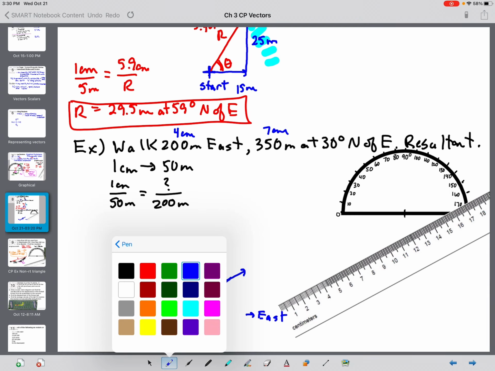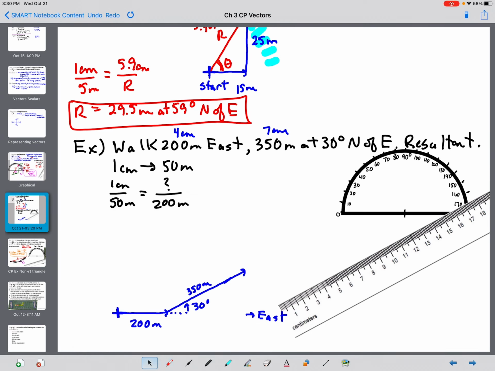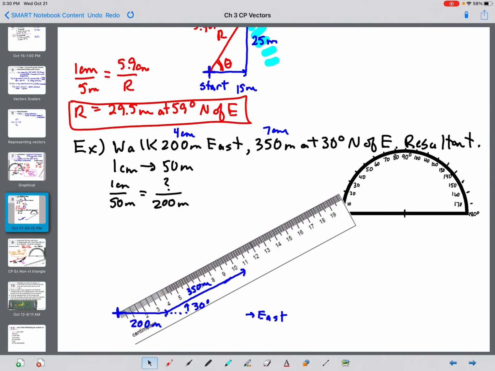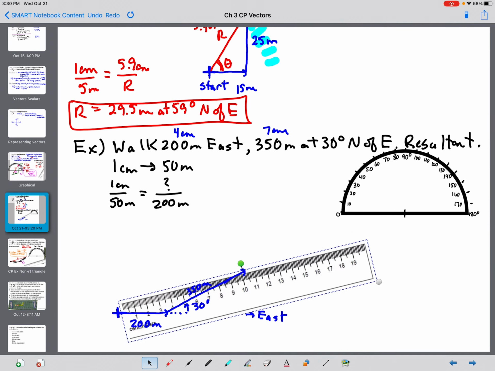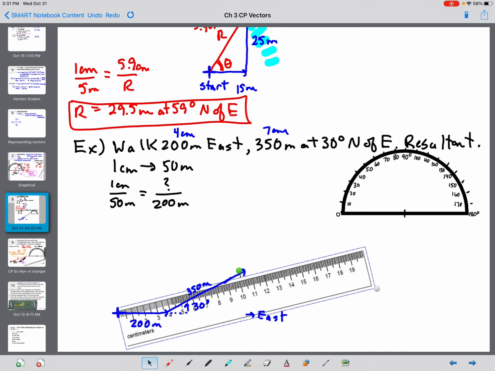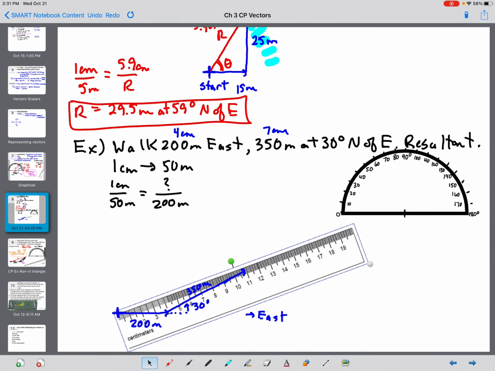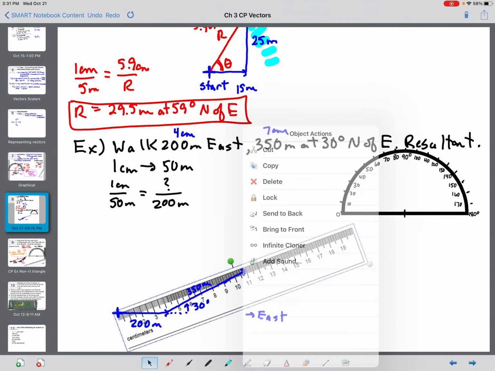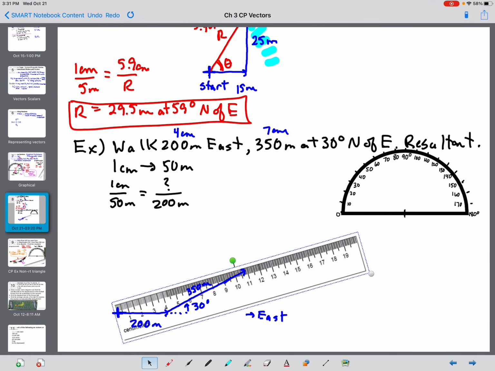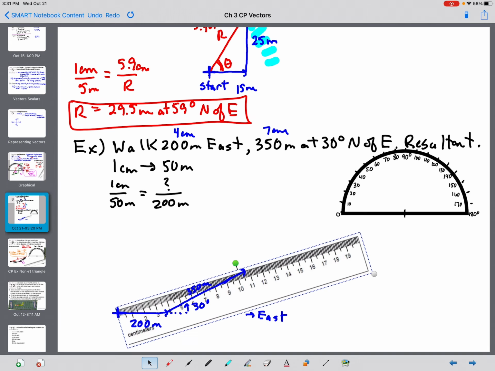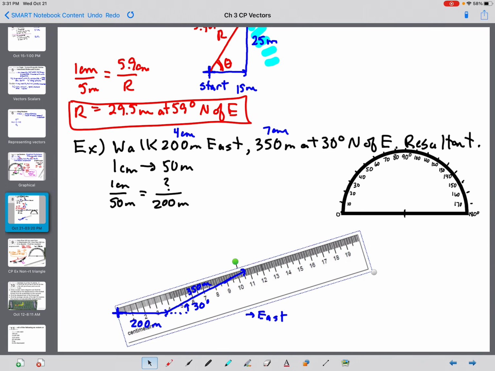Our resultant then goes from start to finish. So I'm going to pull the ruler, I'm going to realign it. This is so much easier with a regular plastic ruler.